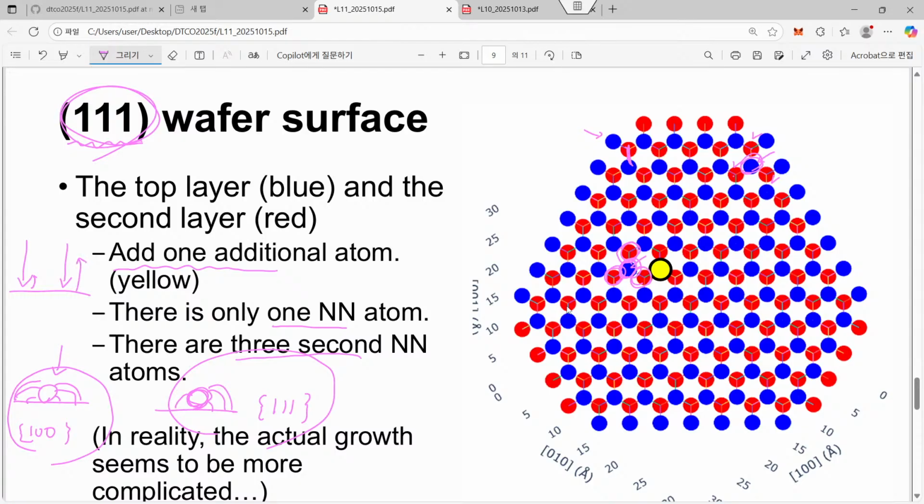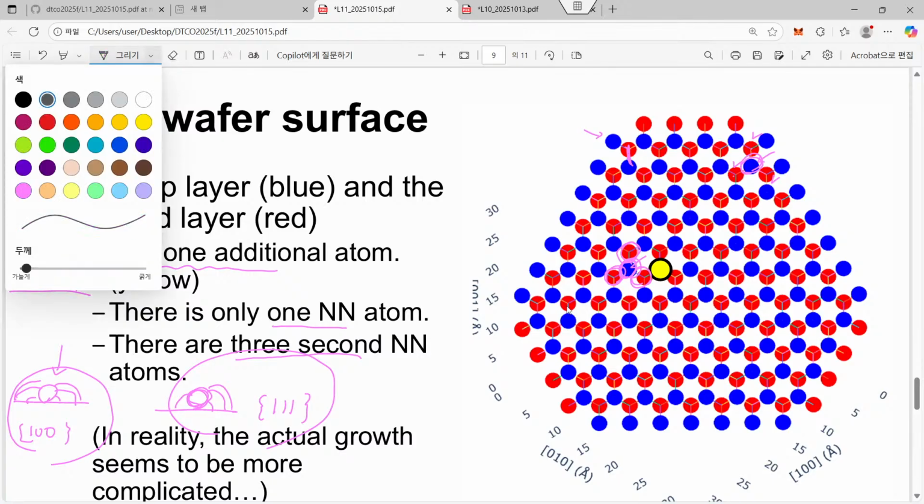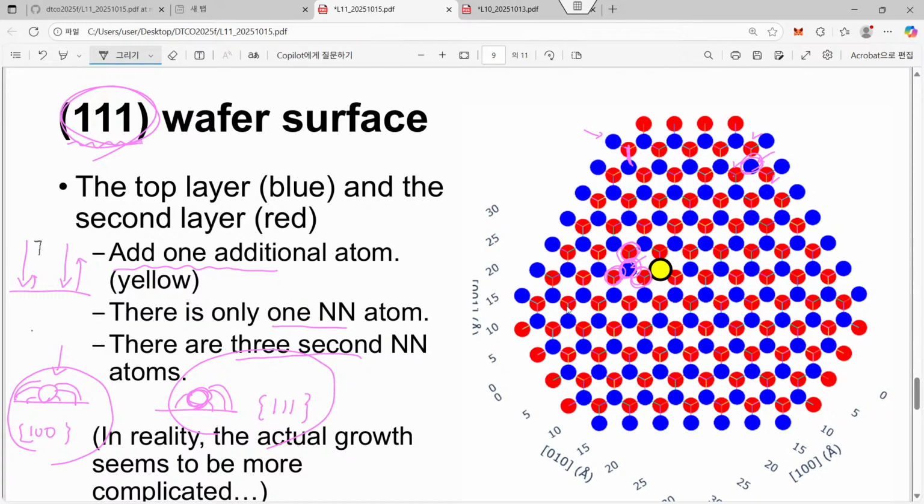Then what is the net growth rate? It is obvious that this one will have this amount of growth rate, and this one will have a much lower growth rate. This is the usual way we explain why we have different growth rates for the 100 and 111 surfaces.